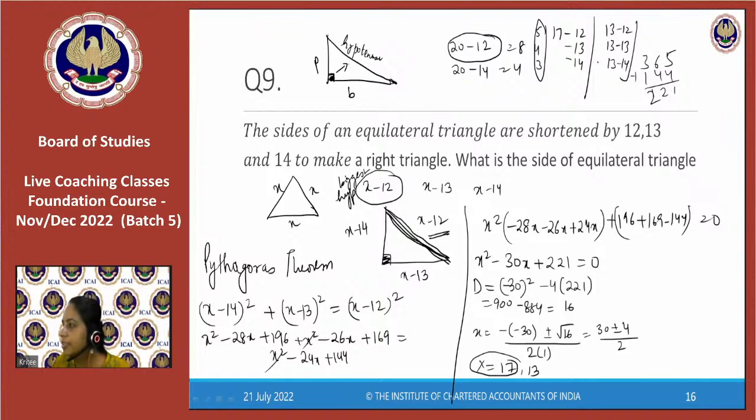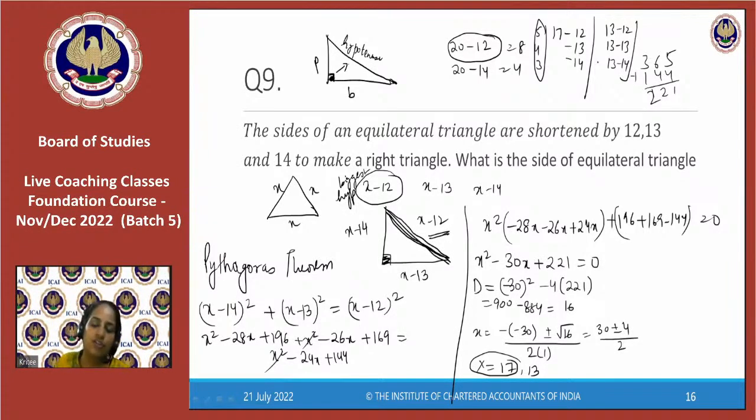A triangle side cannot be negative. Yes, Parinita has also got the answer correct. Poloju is telling me that 13 is giving one of the sides as 0, and if one of the sides is 0, it is not making a triangle.